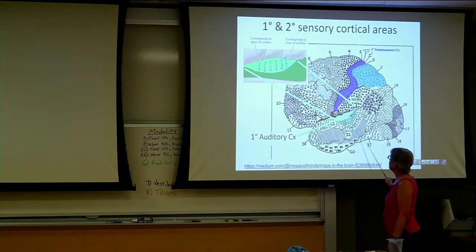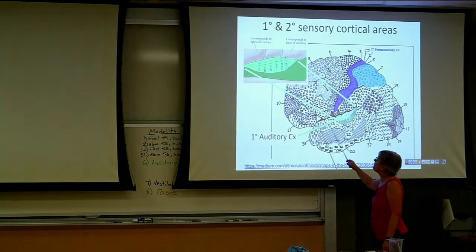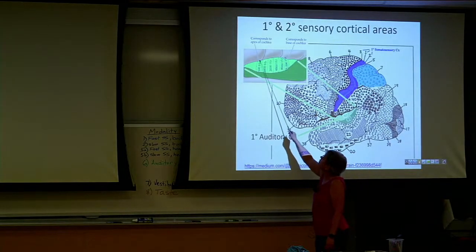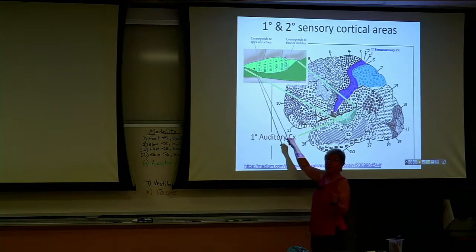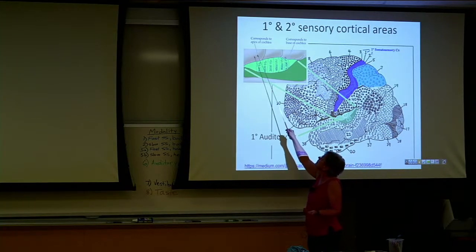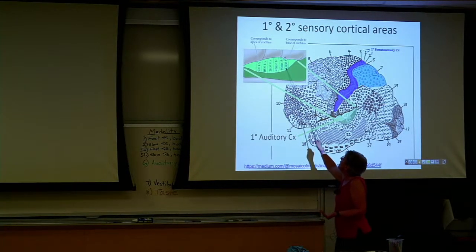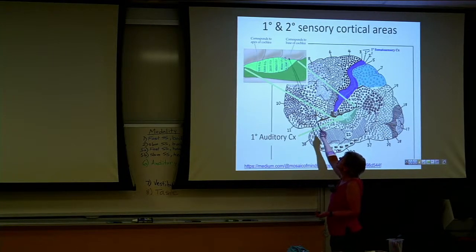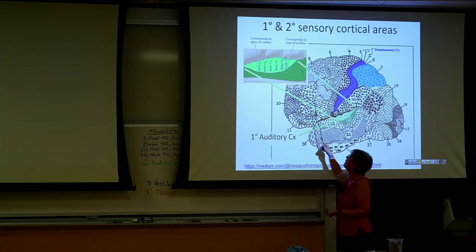So in this primary auditory cortex, there is a map of the tones with lower tones, which you'll find out in the functional lecture, are going to be coming from the apex of the cochlea, and then higher tones, which correspond to information coming from the base of the cochlea.